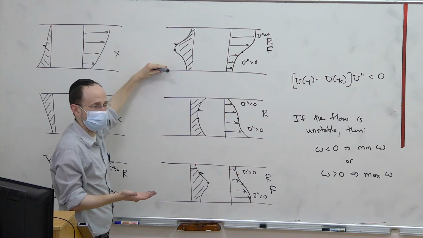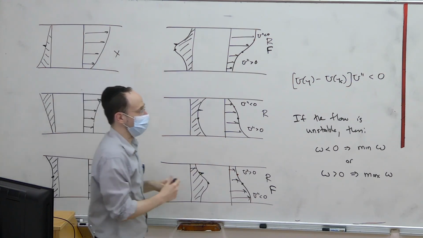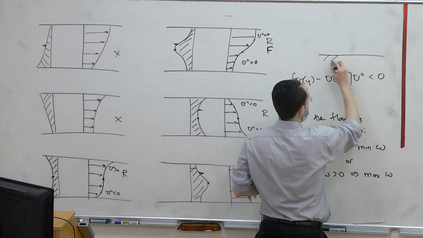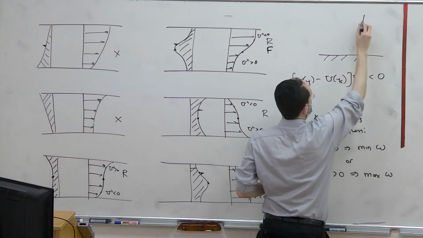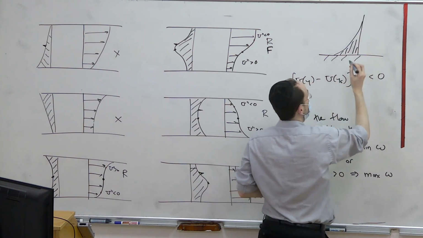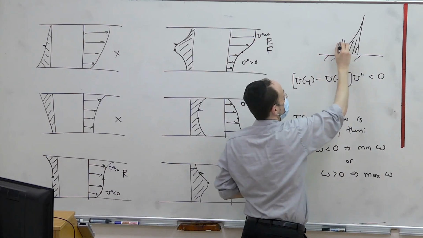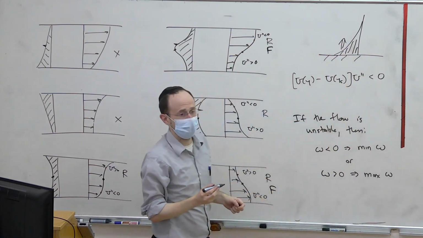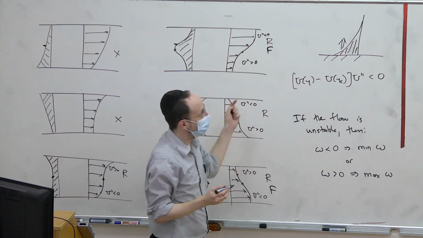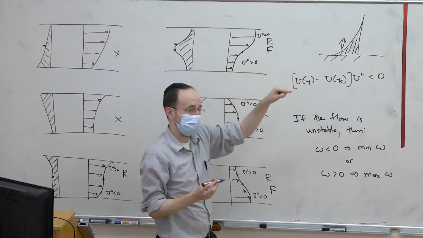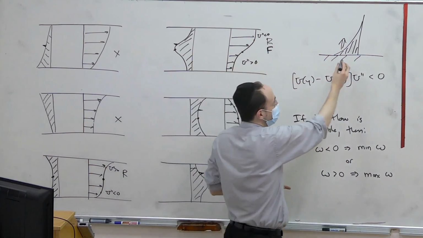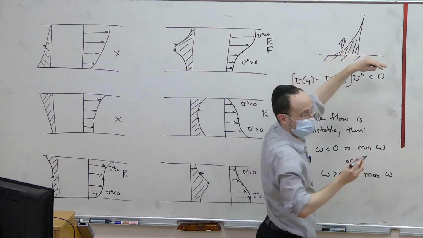But in a boundary layer also, the vorticity wants to diffuse away. When you look at the boundary layer, what does the vorticity profile look like? It looks like this. Doesn't it want to diffuse away? Sure it does. What prevents it from diffusing away? Advection. It is diffusing away, but it's being advected much faster.